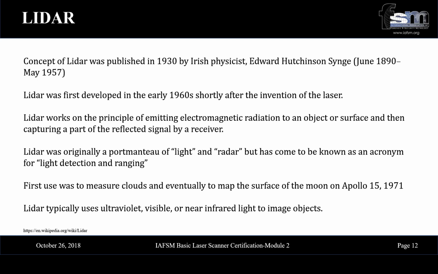And I believe that I'd seen a reference to one of the Apollo missions using it to map the surface of the moon in 1971, which I thought was pretty cool. Now, typically, for lasers, we're talking about ultraviolet, visible, or near-infrared light. And that part of the spectra is probably the most common for LiDAR to be used.